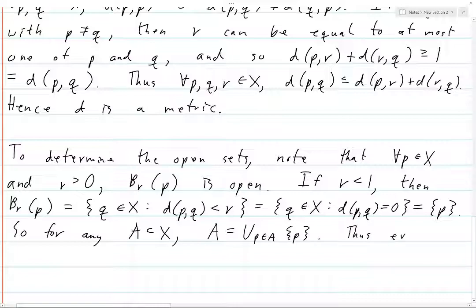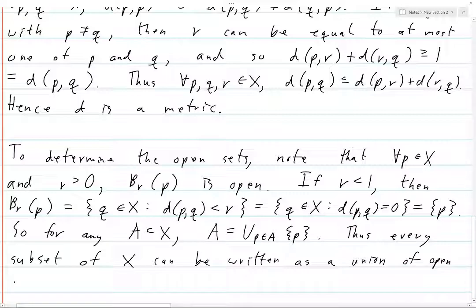Thus, every subset of X can be written as a union, an arbitrary union, but a union nonetheless, of open sets, and hence every subset of X is open.